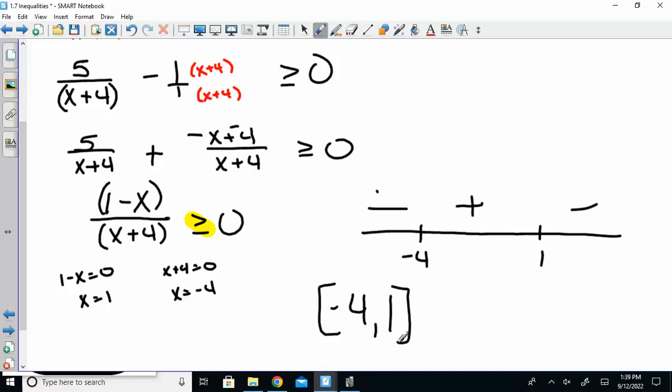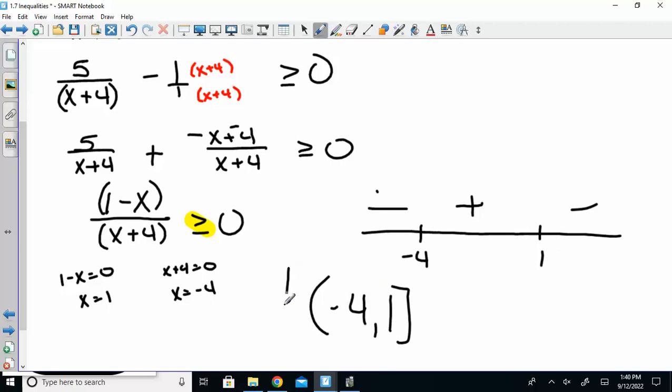What do you get on top? 5 divided by 0. Can you divide by 0? No. So on these fractions, even if it has an equal to, the one that makes the denominator 0 has to get a parenthesis. So the -4 has to get a parenthesis because you can't have 0 on the bottom of a fraction. So these are a little more tricky.